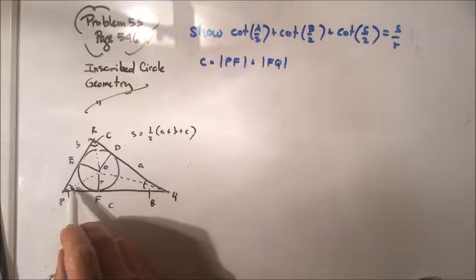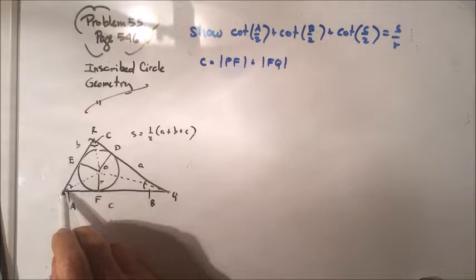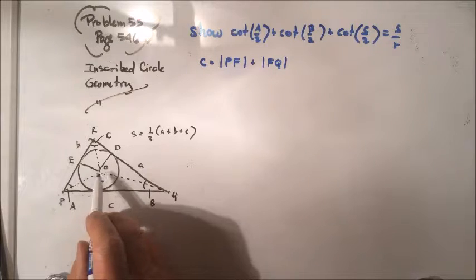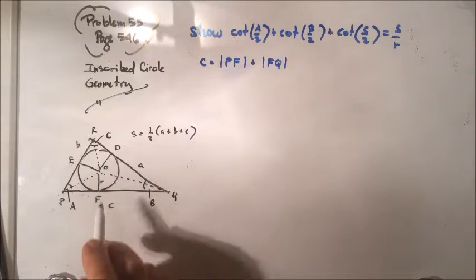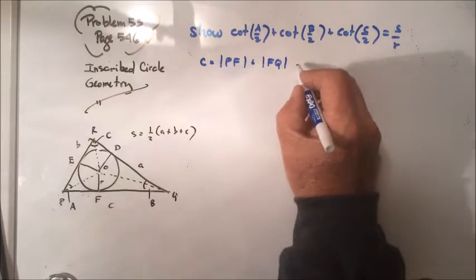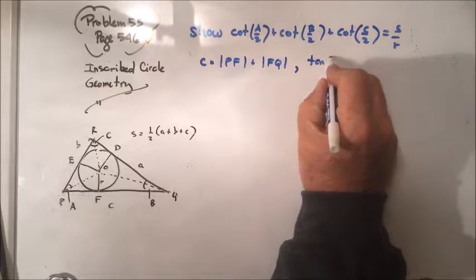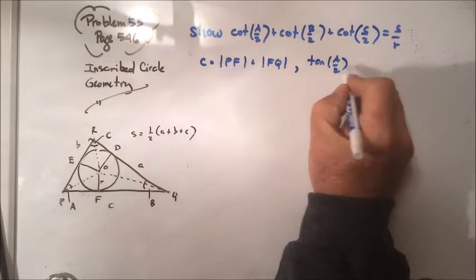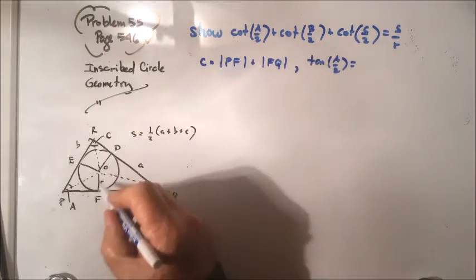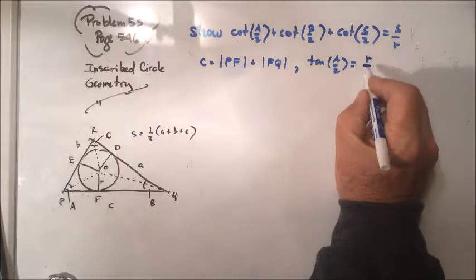Okay, now let's focus on this little triangle right here. Angle A is bisected, so this little angle is A over 2. It's got two legs of a right triangle. One leg is R, the other leg is PF. So you can say that the tangent of A over 2 is going to be equal to R over PF.